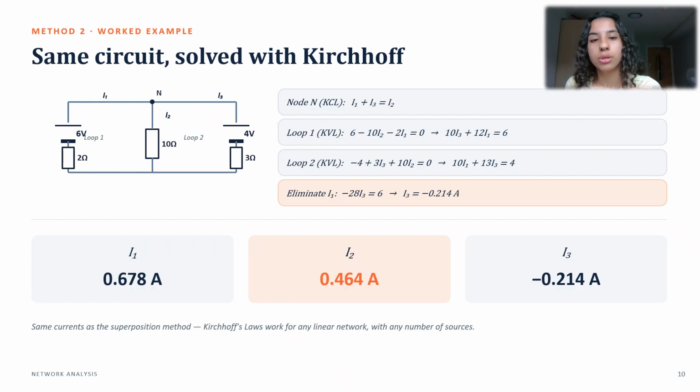After you find I1 and I3, you substitute back into I1 plus I3 equals I2 to get I2. Sorry I didn't go into deep detail of the maths, but I'm assuming you understand how substitution and simultaneous equations work. But yeah, now we go to the next thing.